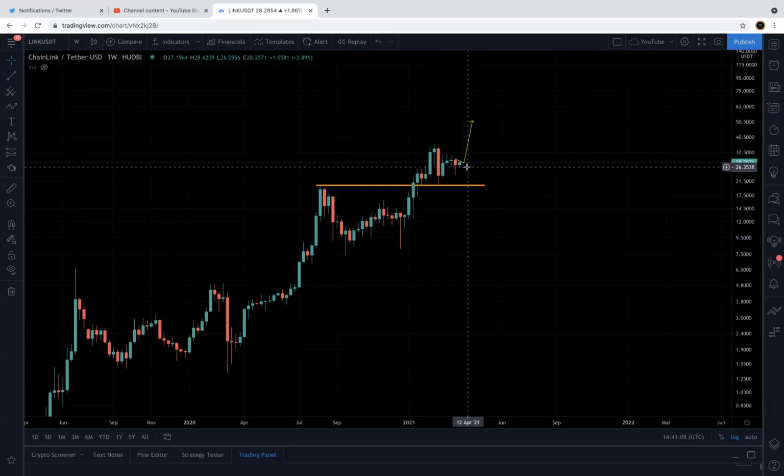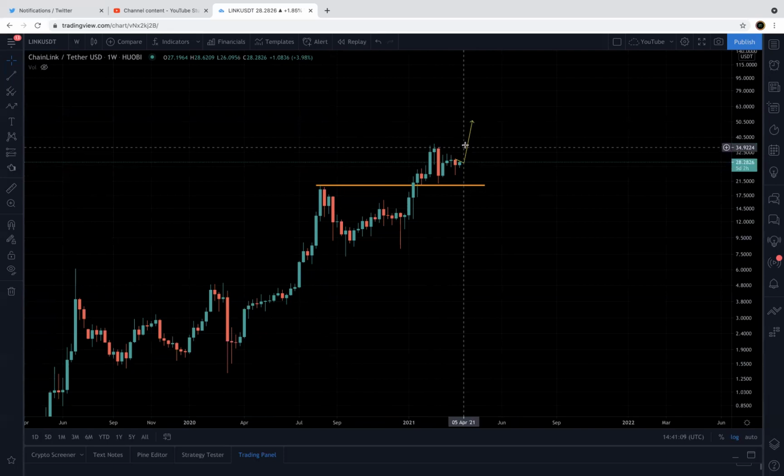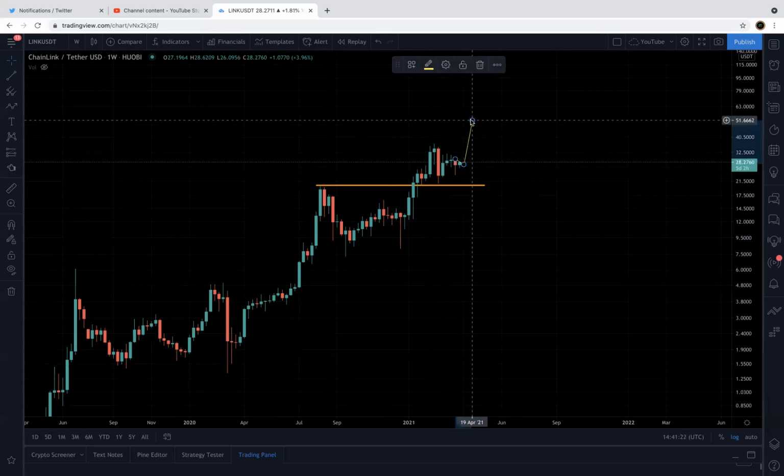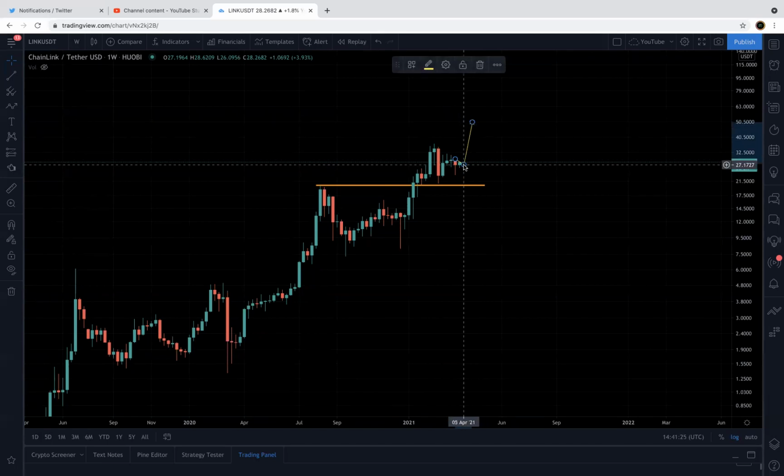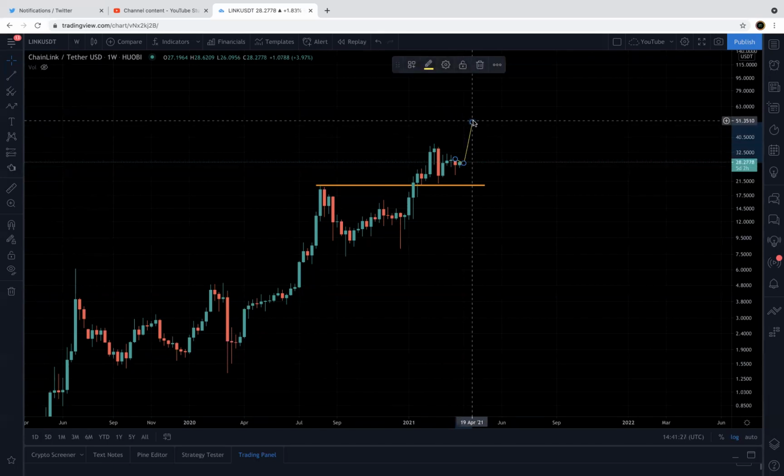If that kind of event doesn't occur, then what I see here is that in the next one or two weeks it should be able to move up and go for a new all-time high. Sometimes timing changes and it all depends on the speed, but at this moment I would depict it like this.